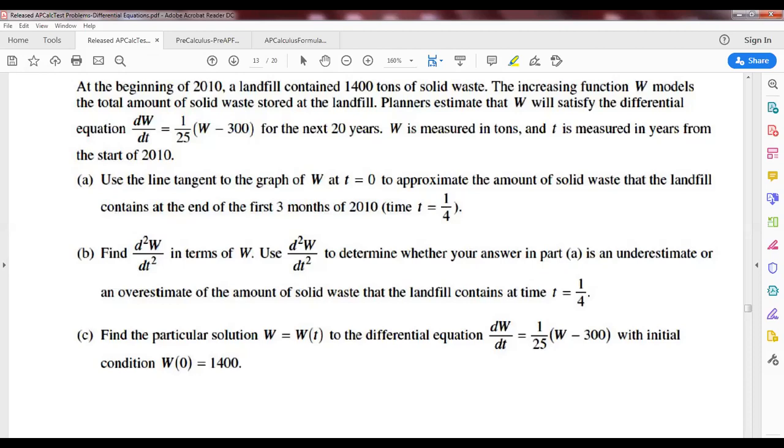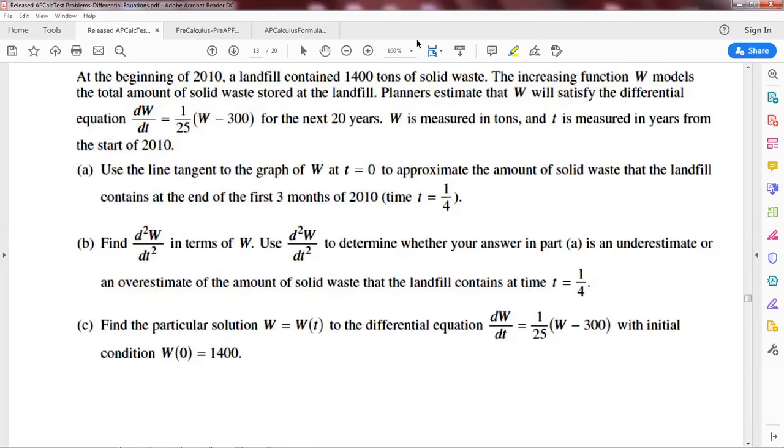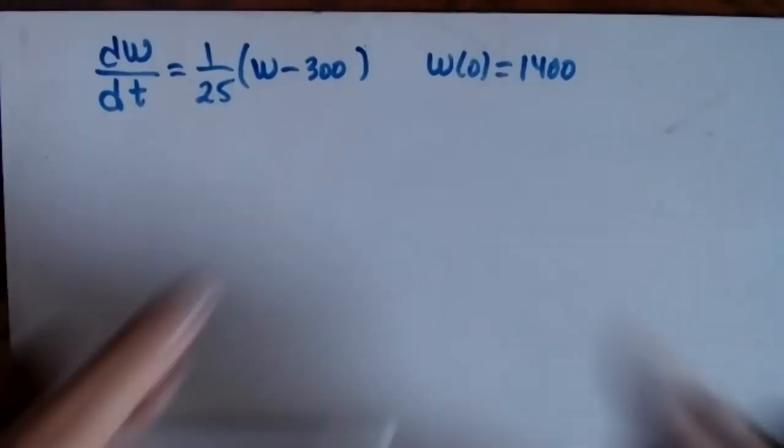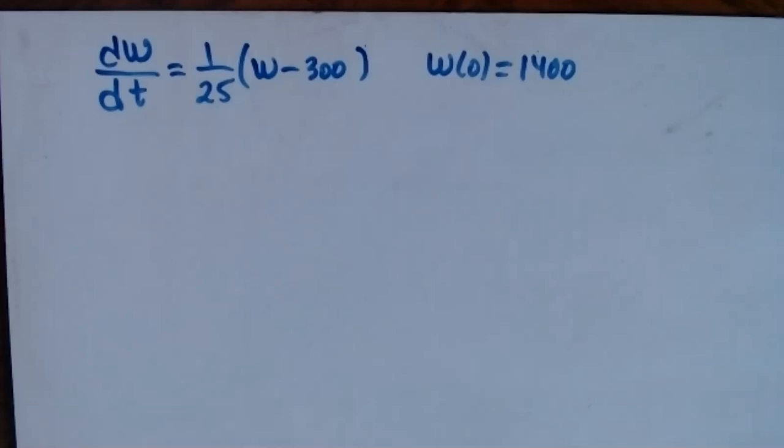So we have dW/dt equals 1/25 of W minus 300, with W of 0 equals 1400. I want you to try this equation, it's exactly the same as before. I want you to do this one on your own.